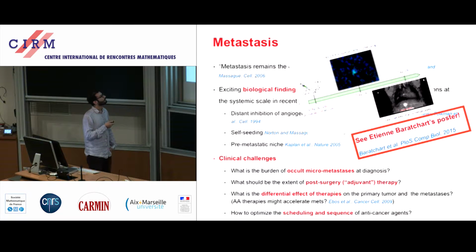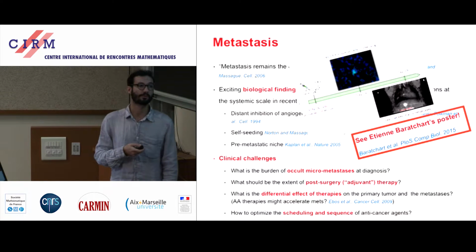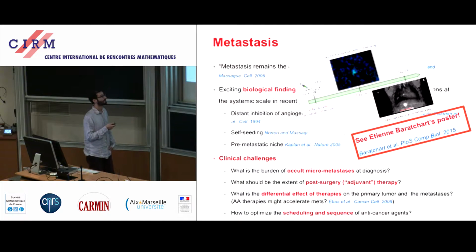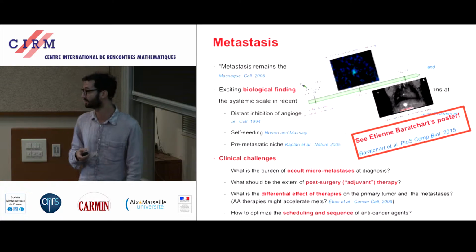But today, at least for the first part, we will focus more on the clinical challenges of this phenomenon of metastasis, and there are many of them, of course. Here I have listed four questions that I think can be addressed using mathematical modeling. The first one I already told you about: what is the burden of occult micrometastasis at diagnosis?